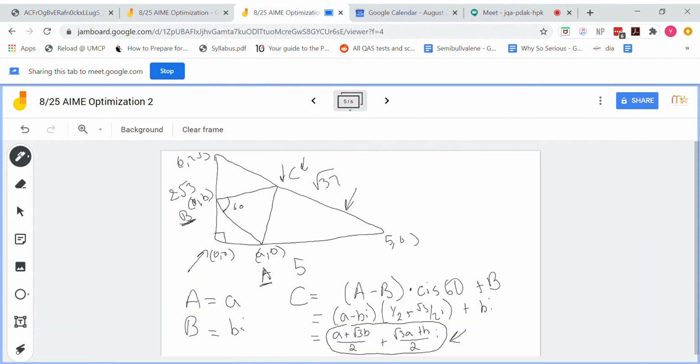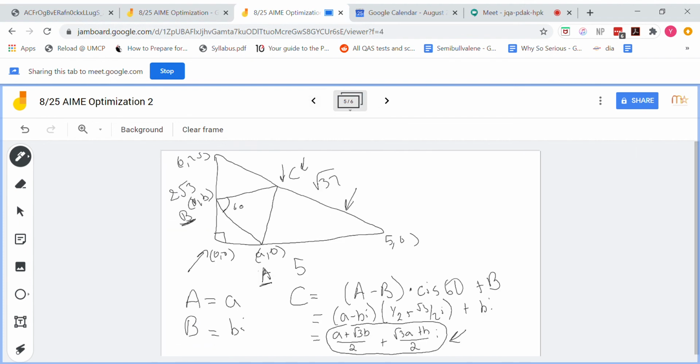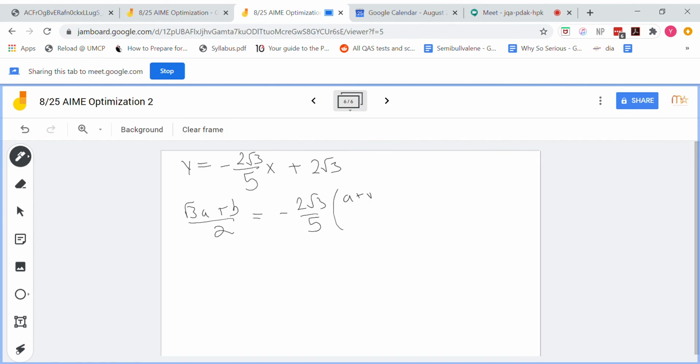And so if we plug in the point for C, its x and y coordinates, we have (root 3 A minus B) over 2 must equal negative 2 root 3 over 5 times (A plus root 3 B) over 2, plus 2 root 3.